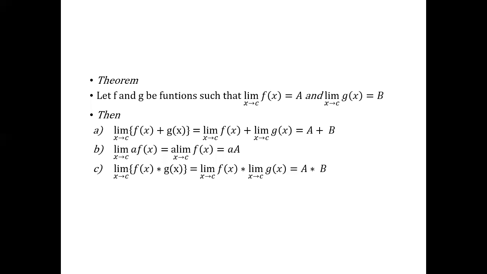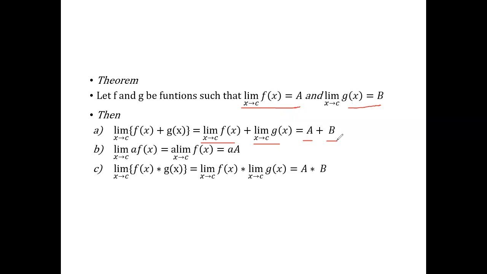So that will give us the limit of f of x plus the limit of g of x, which will be equal to a plus b, since the limit of f of x is a and the limit of g of x is b per the formula here.